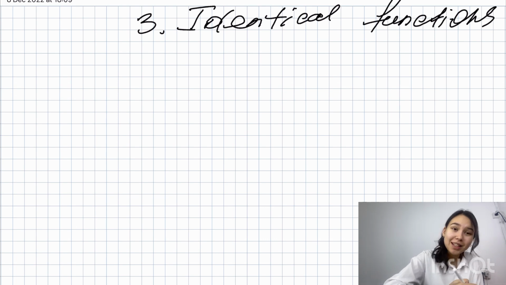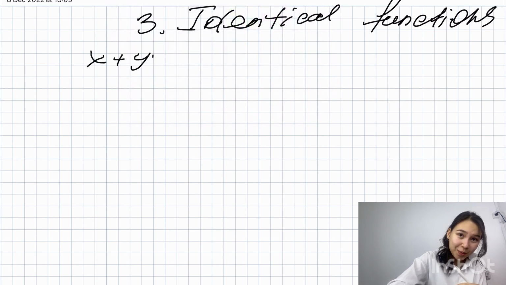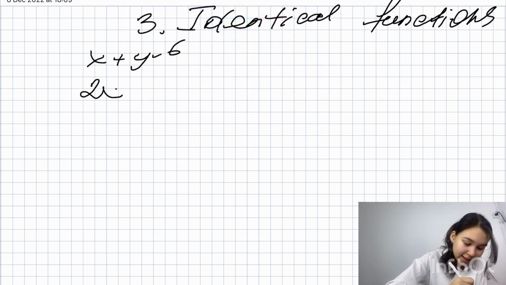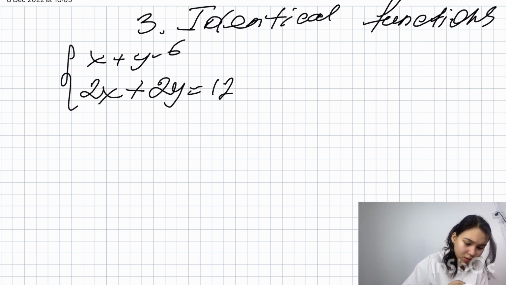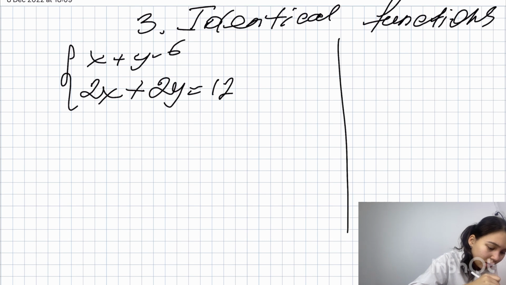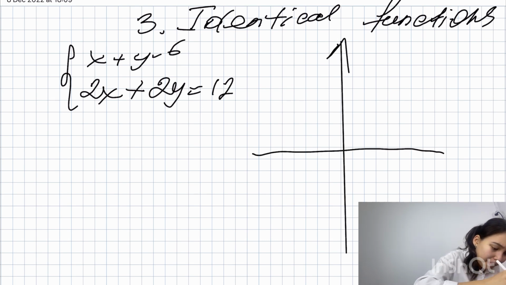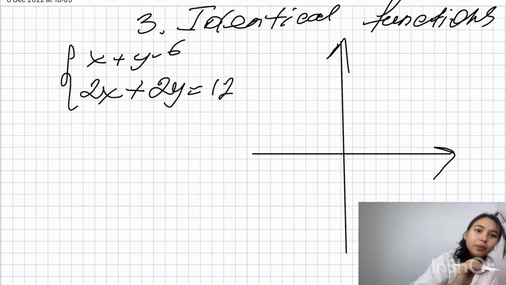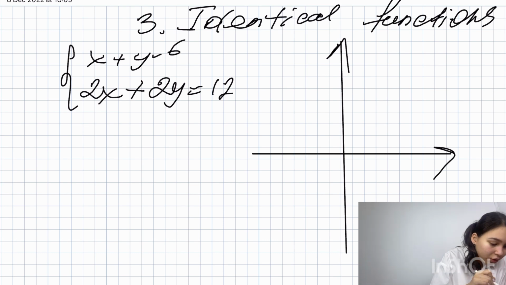So this is the example of x plus y is equal to 6 and 2x plus 2y is equal to 12. Let's solve it on the coordinate line. We have a little quantity of time. So in here we should draw intersection points.